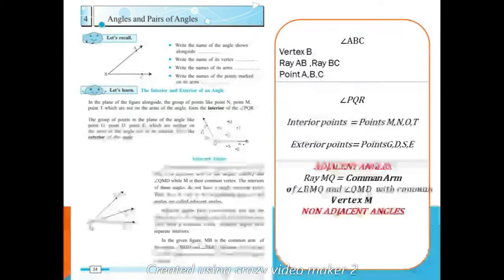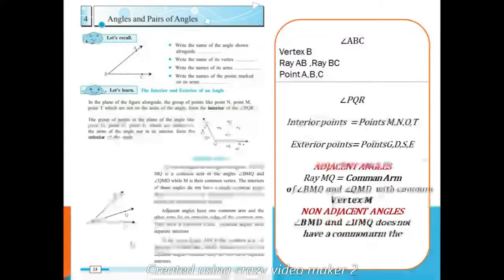Now some points are also given on why it is not an adjacent angle. Why? Because BMD and BMQ are the two angles which are formed.